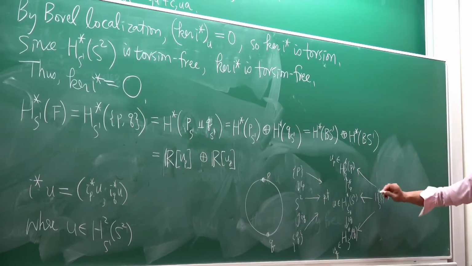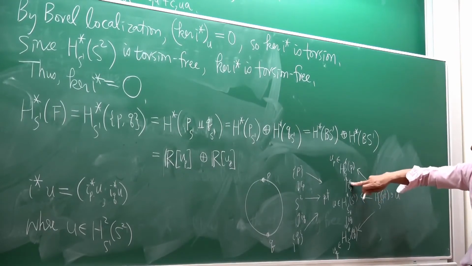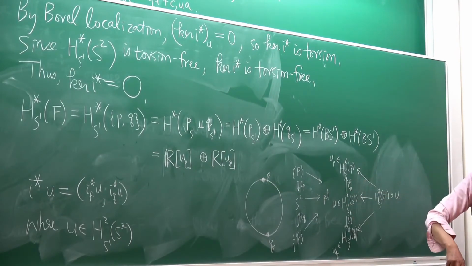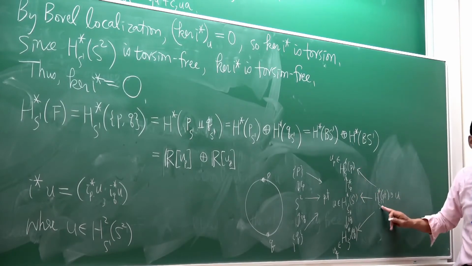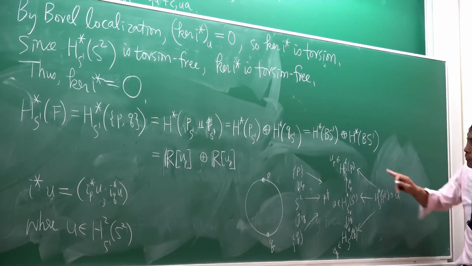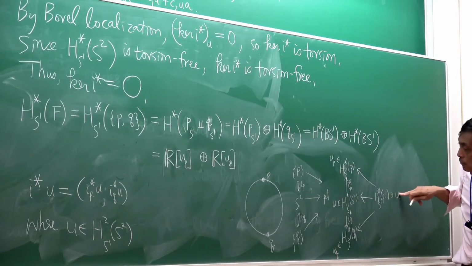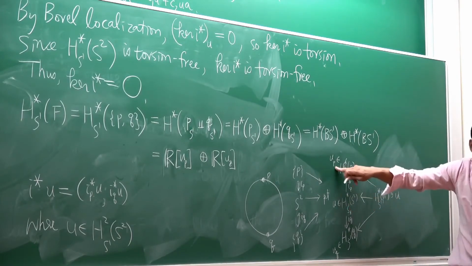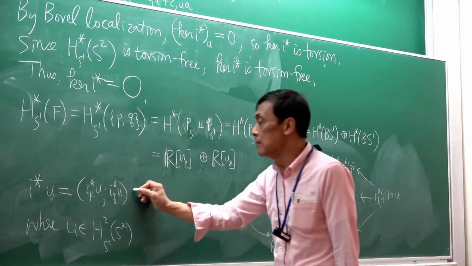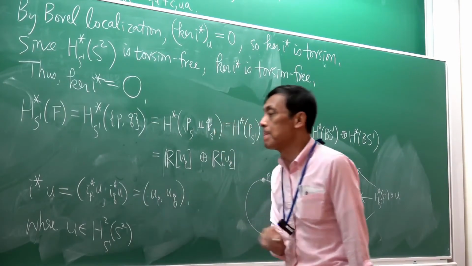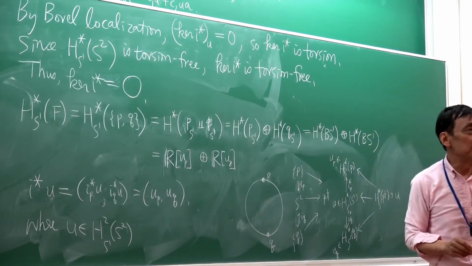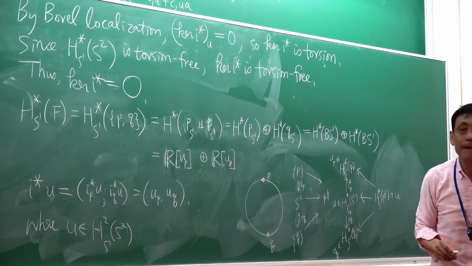So what is IP star of U? It has to be UP, right? By the commutativity of this diagram. U goes to UP. Okay? So this is UP, UQ. That's the restriction of U.